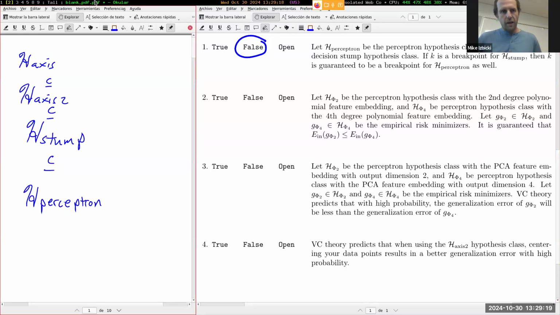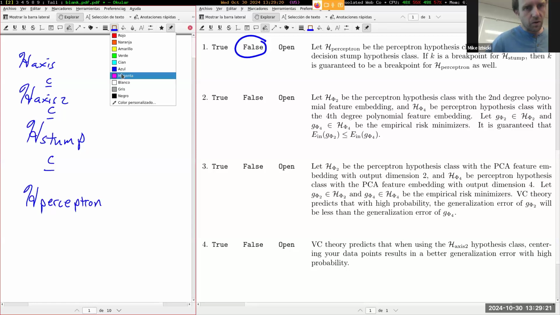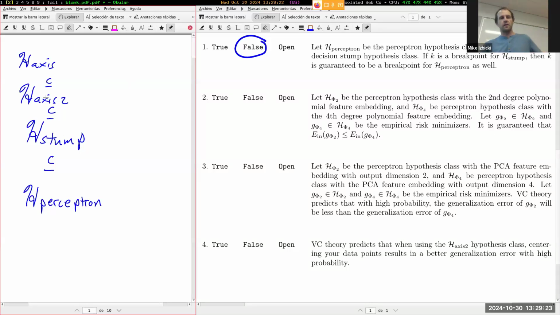While we're talking about this, it's also worth pointing out that the subset relationship here implies a number of important things for us. One of those is about the breakpoint. Another one is about the VC dimension.